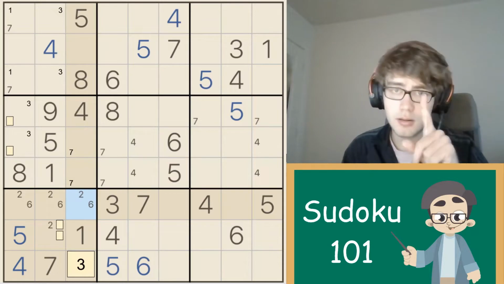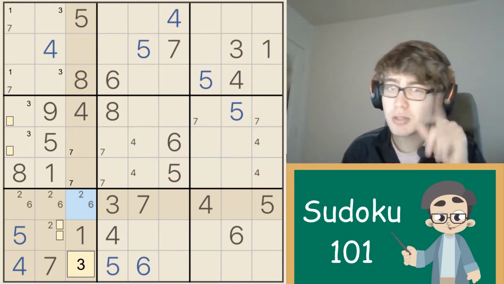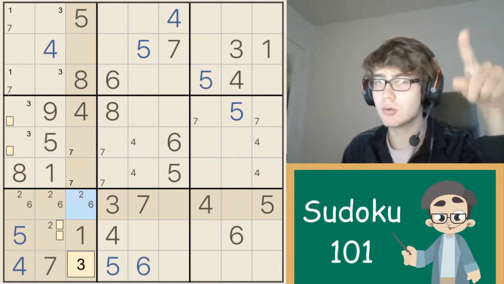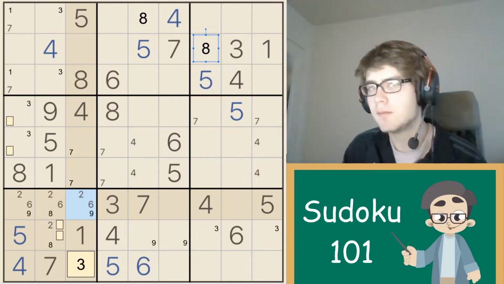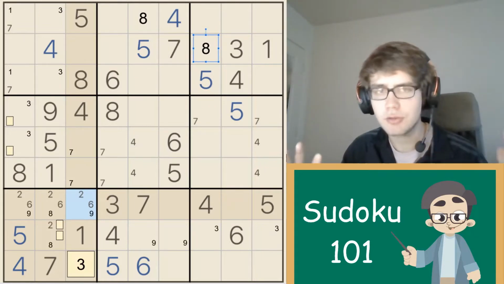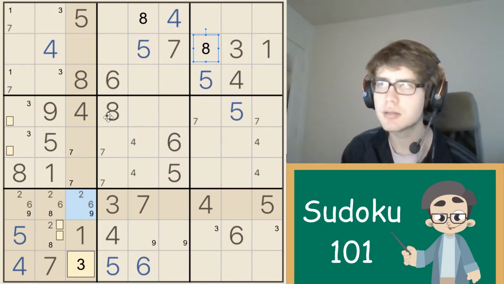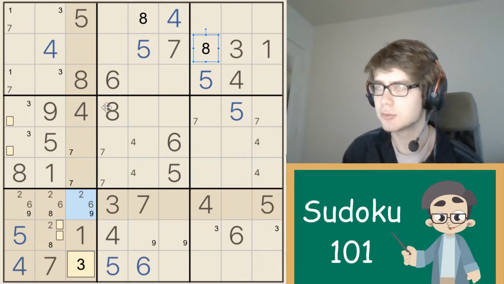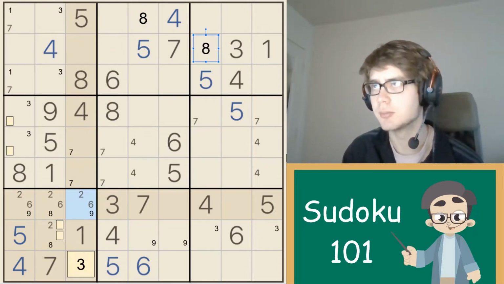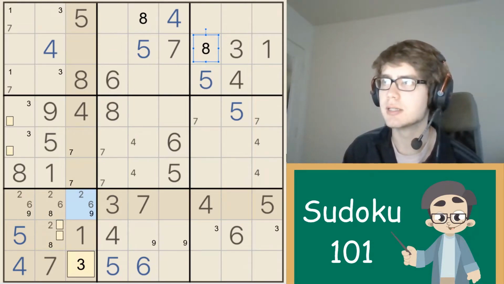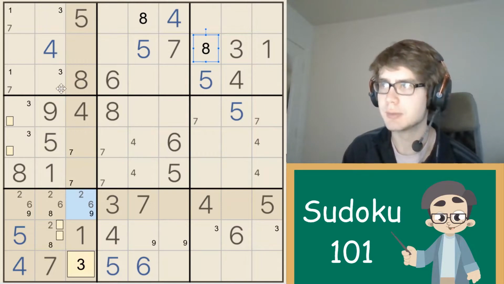Alright, I'll be back in another moment after I find out some more tricks. Up next, just a few small things. First of all, what I think you guys already realized, that 8 has to go here. Obviously, 8 cannot be in these two squares, 8 cannot be in these two squares, so it has to be here. That also means that 8 cannot be here, and because of this 8 cannot be here, so it has to be here.